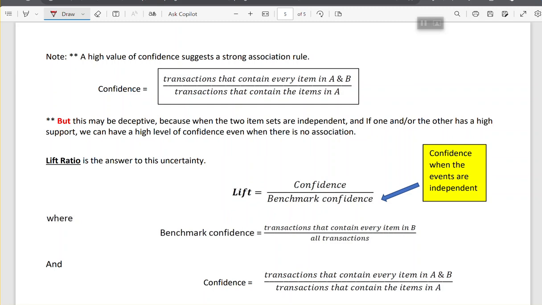So for example, when you go to the grocery stores for grocery purchases, what if A is a computer and B is milk? If you go and buy a computer, do you also tend to buy milk because of their strong association? Probably not.